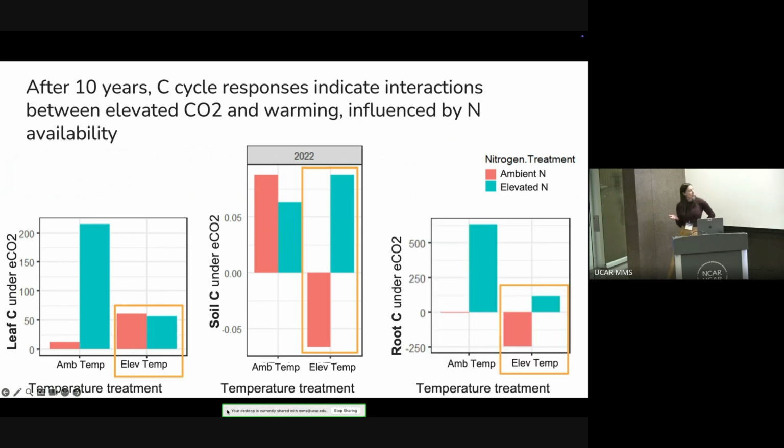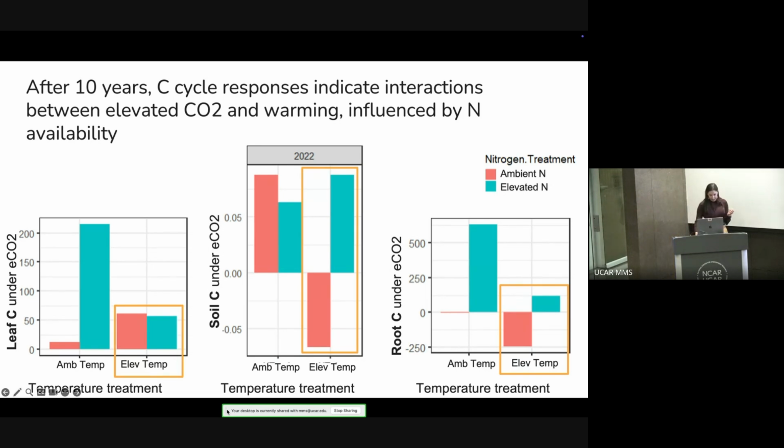And then we see similar opposing effects with root carbon. This could be a change in root allocation that is allowing for more nitrogen uptake by the plants. If you didn't quite follow that soil biogeochemistry deep dive, the important thing here is that soil biogeochemistry might be driving these responses.